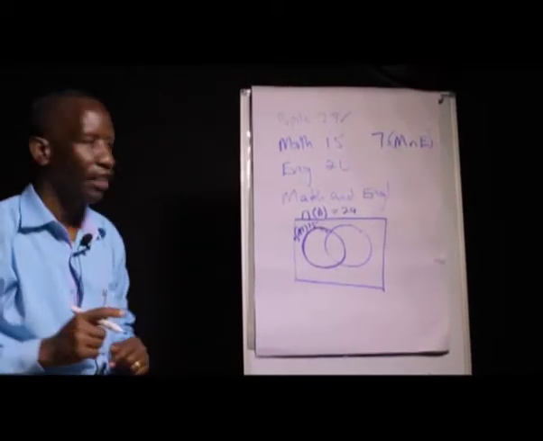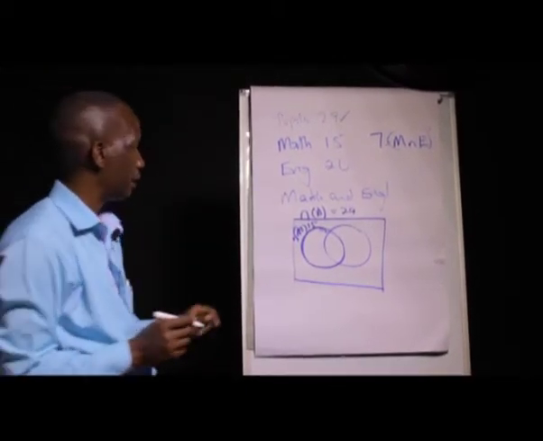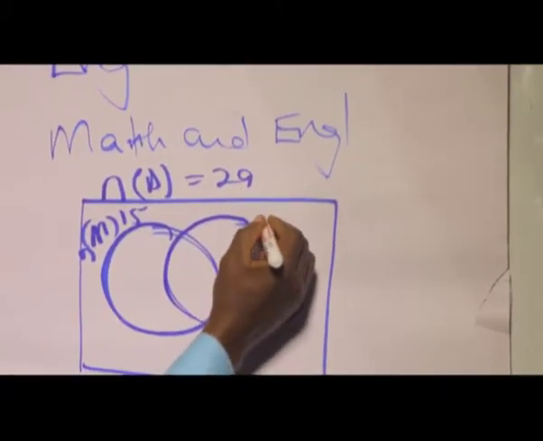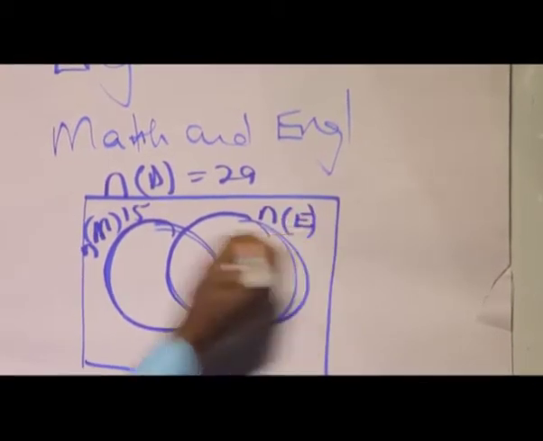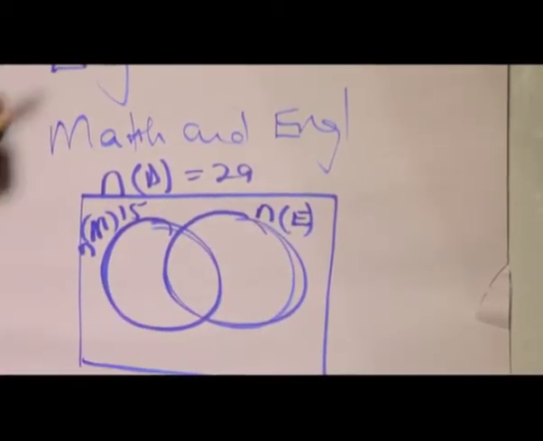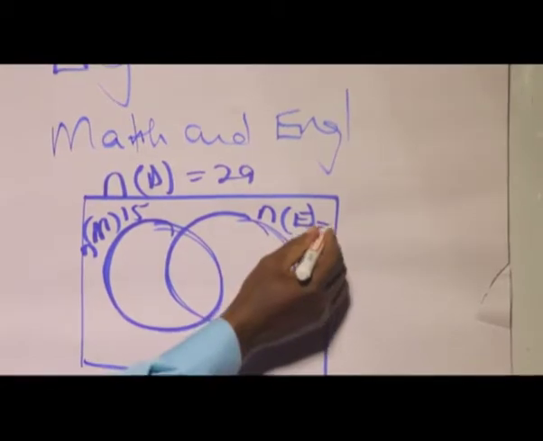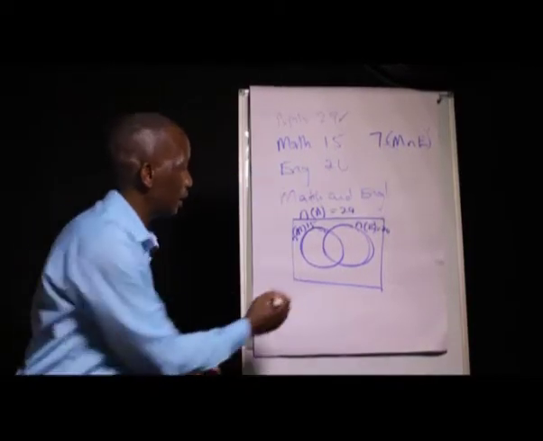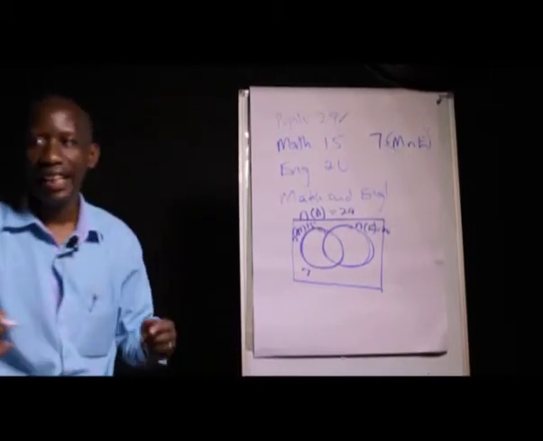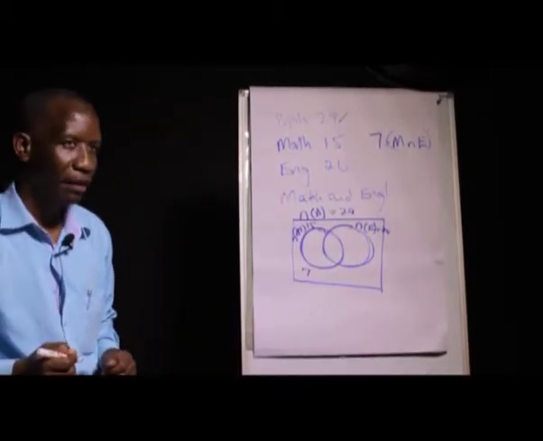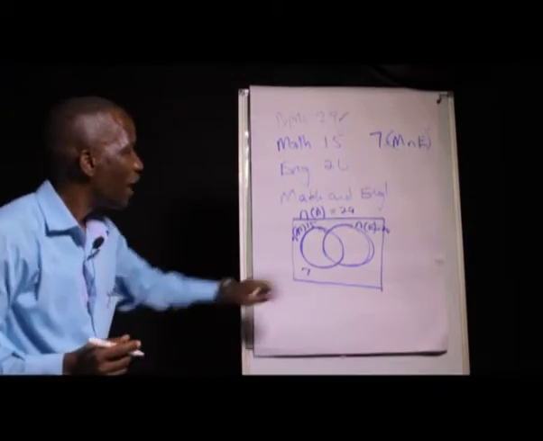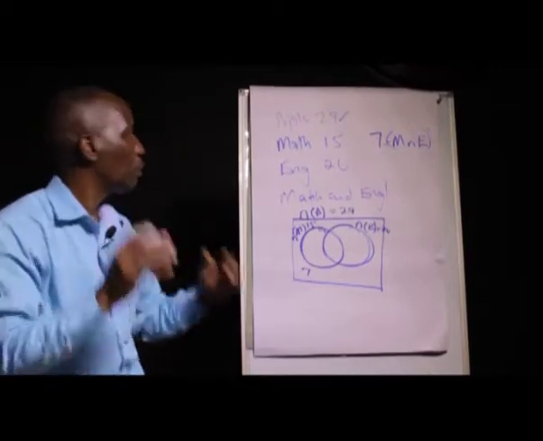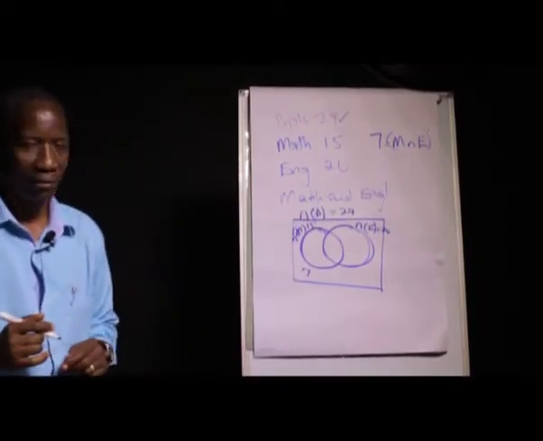You remember the other Venn diagram we looked at. Then this area will be for English. English is liked by 20. 7 pupils don't like either of the subjects. Once we have this, then we can think about pupils who like both.